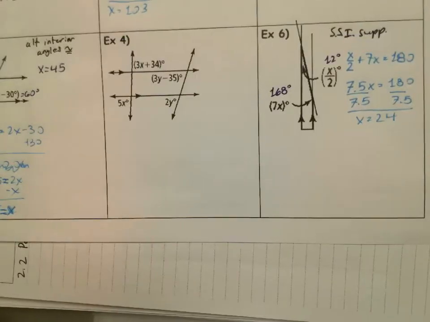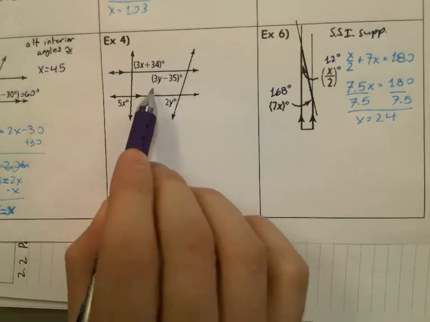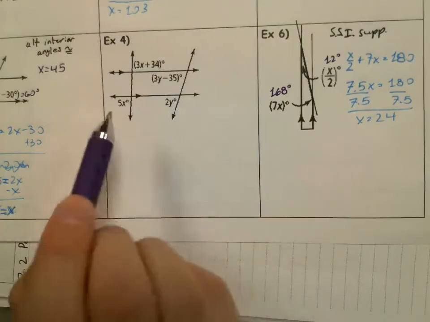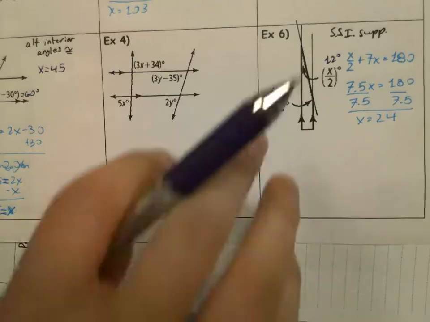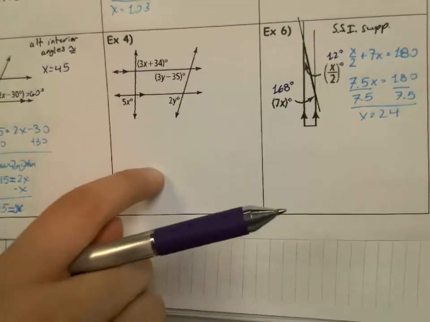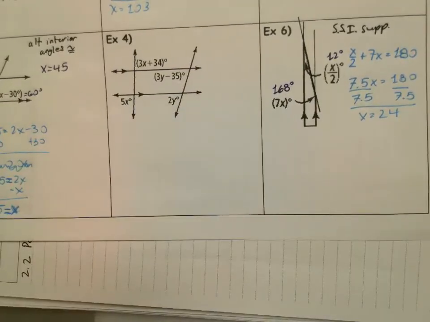All right, so we've got 3x plus 34, 3y minus 35. We've got a lot of different angles going on. Let's identify the portions of this mess. And this is just the tip of the iceberg. Some of these are going to get even bigger. Okay? So we have two things going on.